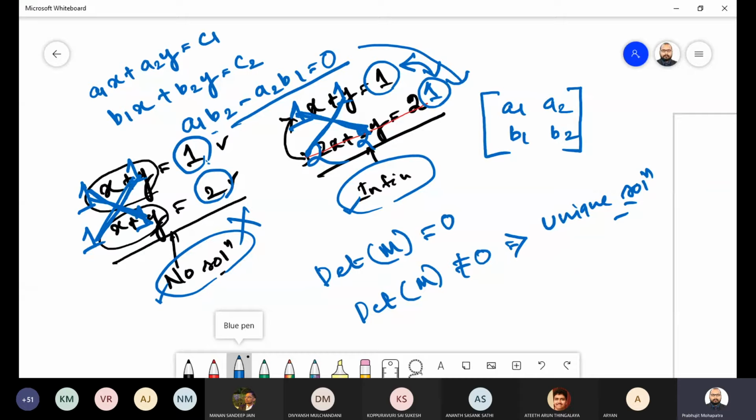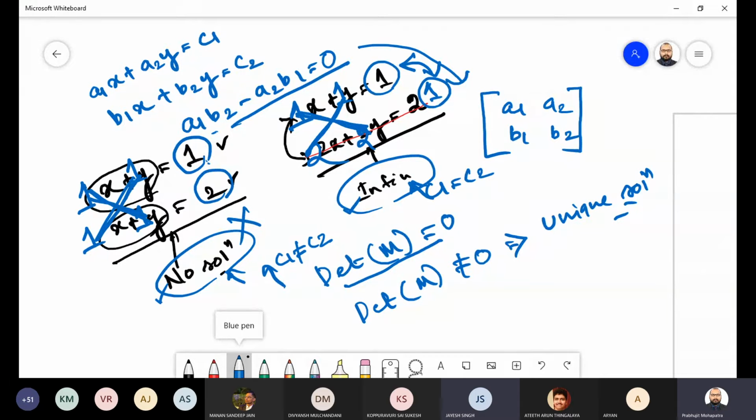Getting or not? So if the determinant equals 0, then you come to c1, c2. If c1 is not equal to c2, it means no solution. If c1 equals c2, it means infinite solutions. And sir, if the determinant is not equal to 0, can we surely say that the system has solutions?